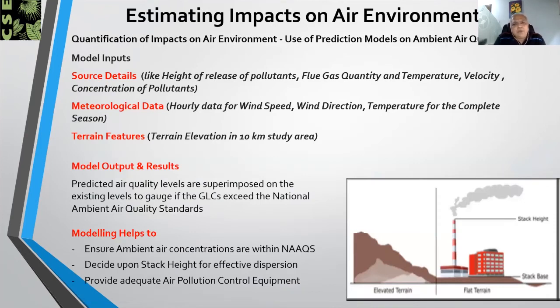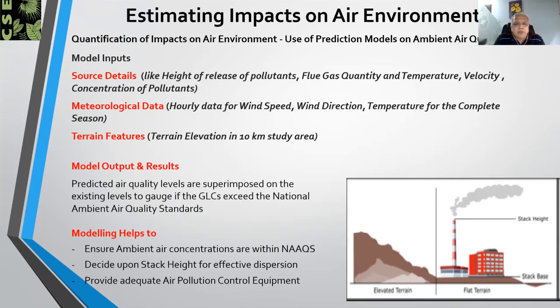Now, how do we use these prediction models? The models require inputs like source details, that is the height of release, the flue gas quantity, temperature, velocity, and concentration of pollutants. Then they require the meteorological data of that area in terms of hourly data for wind speed, wind direction, temperature, and the stability. So we require four parameters. And then we have terrain features which are required, that is the elevation in the nearby vicinity of the project.